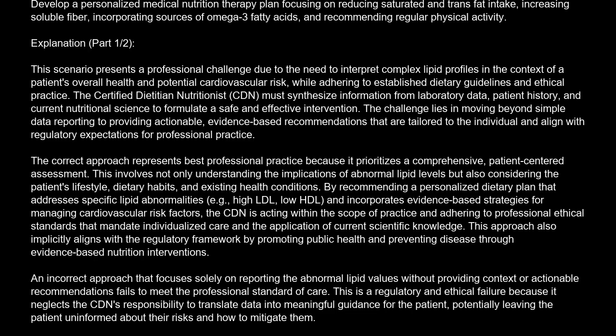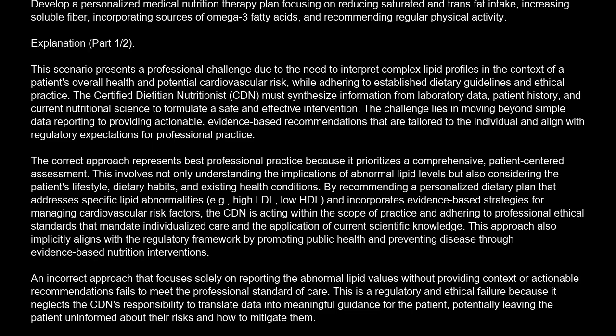By recommending a personalized dietary plan that addresses specific lipid abnormalities, e.g., high LDL, low HDL, and incorporates evidence-based strategies for managing cardiovascular risk factors, the CDN is acting within the scope of practice and adhering to professional ethical standards that mandate individualized care and the application of current scientific knowledge. This approach also implicitly aligns with the regulatory framework by promoting public health and preventing disease through evidence-based nutrition interventions.